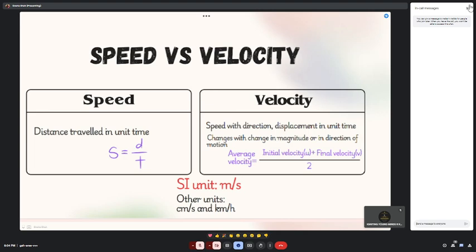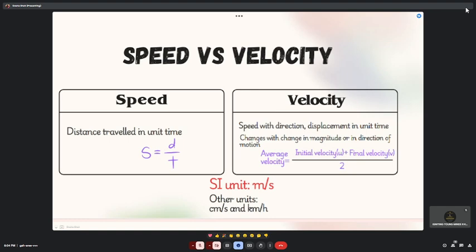Okay, so that is acceleration. It's not velocity, because velocity is when the object moves constantly.